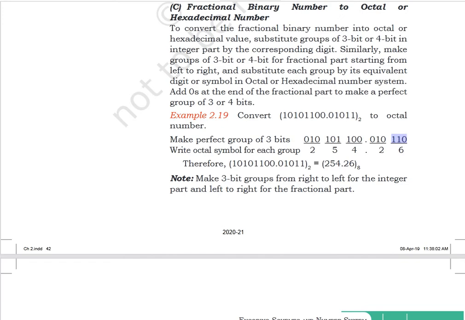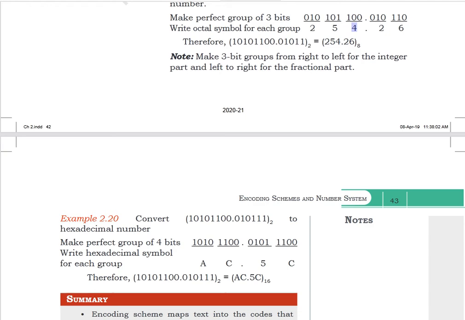Look, we have just 2 digits, 11, and grouping should be of 3 bits, so we add an extra 0 here. 0 after the decimal point has no value, right? So we can add it here, and after that we write the respective values in the octal number system, and we get the resultant value 254.26 to the base 8.